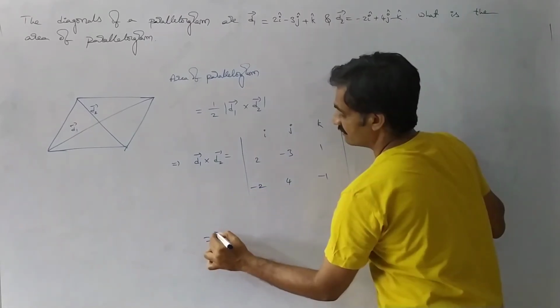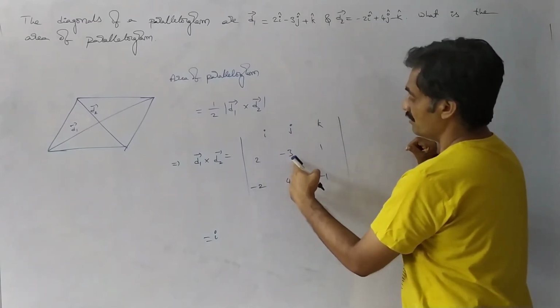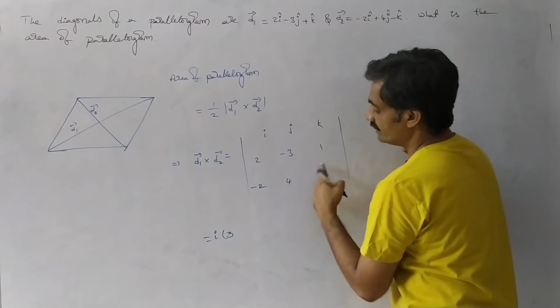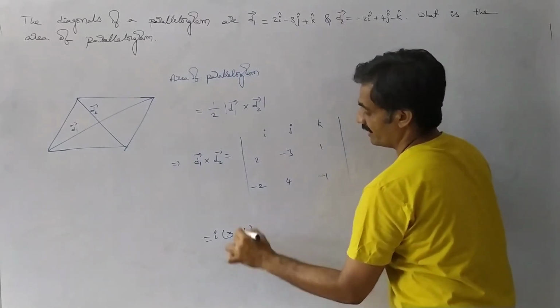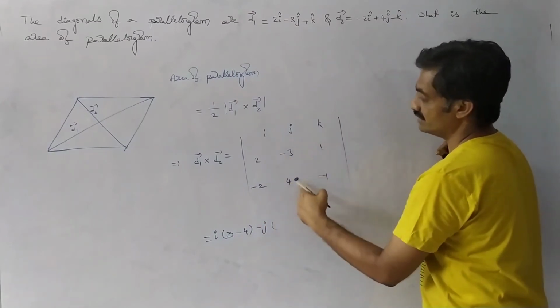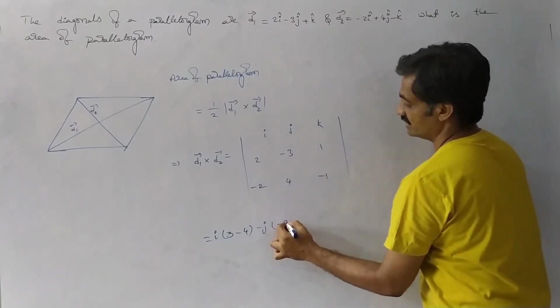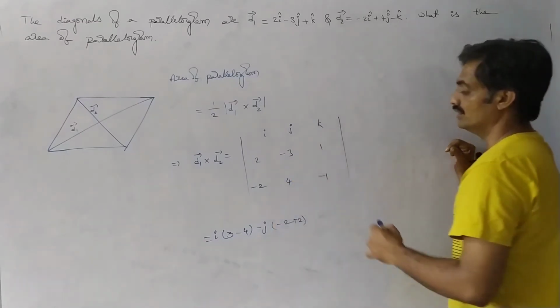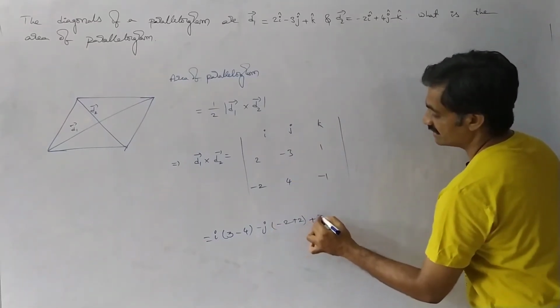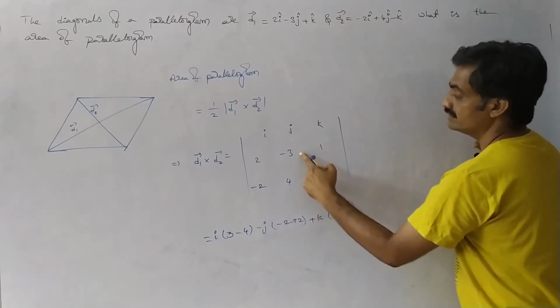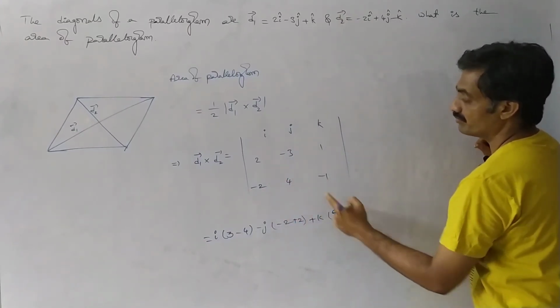So the resultant vector is given as i into (-3 into -1, nothing but 3, minus 1 into 4, that is 4), and next minus j into (2 into -1 minus 1 into -2, minus of minus plus 2), and k into (2 into 4 is 8, minus 3 into -2 is plus 6).